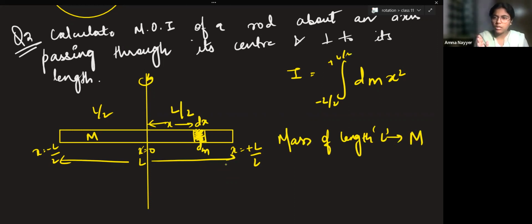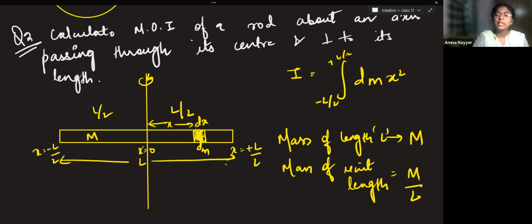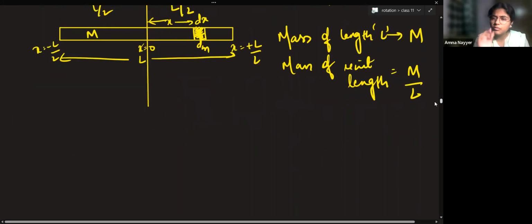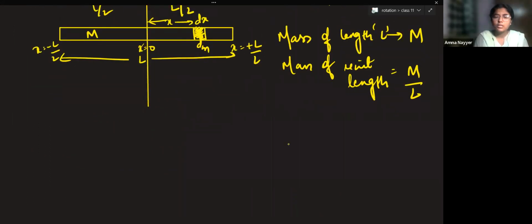The entire rod's mass is M and the entire rod's length is L. So mass of length L is M, which means the mass of unit length will become M by L. If this is M by L, then whose mass am I trying to find out? dm is the mass of this very small element dx. So the mass of dx will be M by L multiplied by dx.